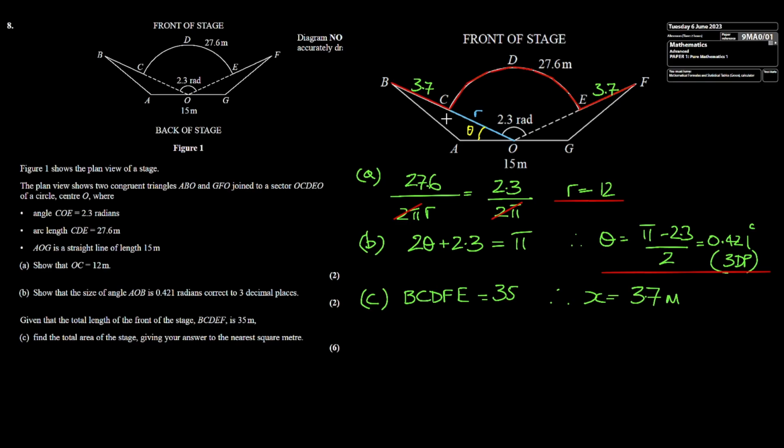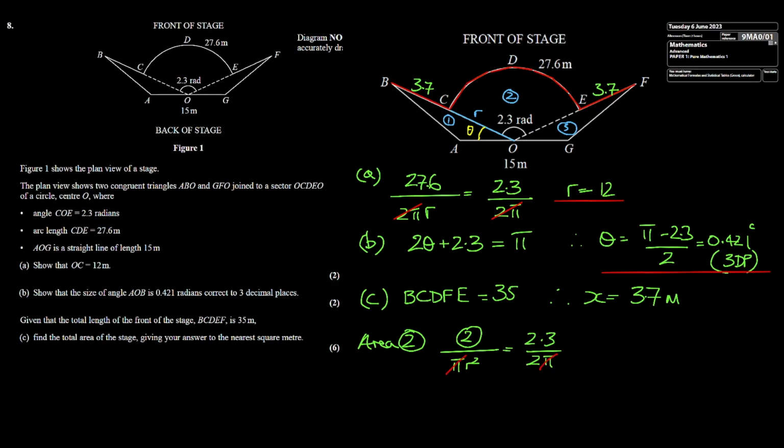So the area of the stage is made up of 3 areas. This is area 1, this is area 2, and this is area 3. Areas 1 and 3 will be the same, and area 2 will be the area of this sector. So area 2 first. If you can't remember the formula, well, the area of 2 divided by the whole area, which is pi r squared, must be given by the amount of radians we've got, which is 2.3, over again the whole lot, which is 2 pi.